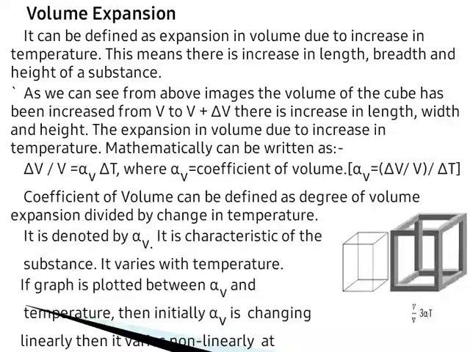And last one is volume expansion. It is defined as expansion in volume due to increase in temperature. This means there is increase in length, breadth and height of a substance. As seen from the figure, the volume of the cube is increased from V to V plus delta V. There is increase in length, breadth and height.